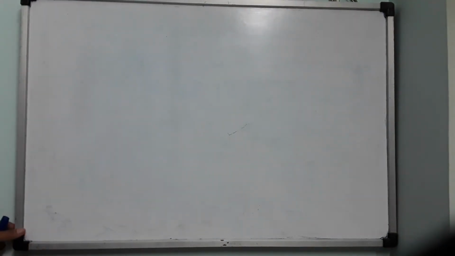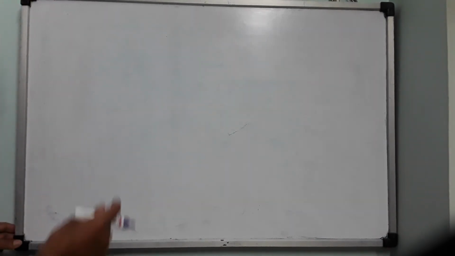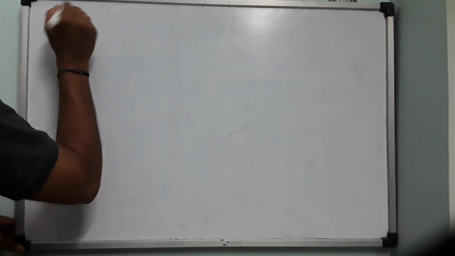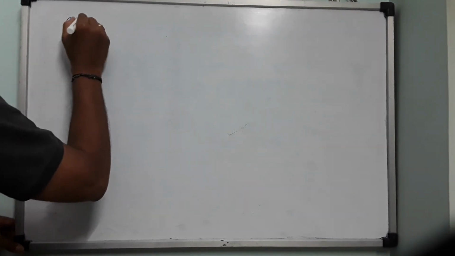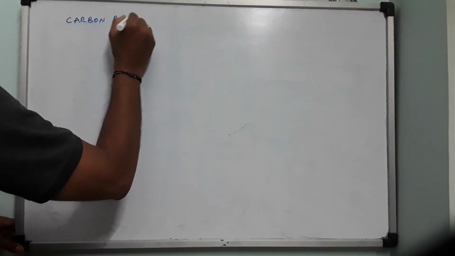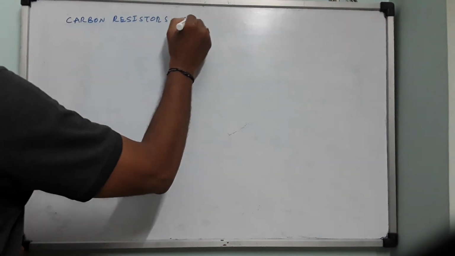Next topic is resistivity of different materials. Carbon resistors we discuss first, carbon resistors and color code.